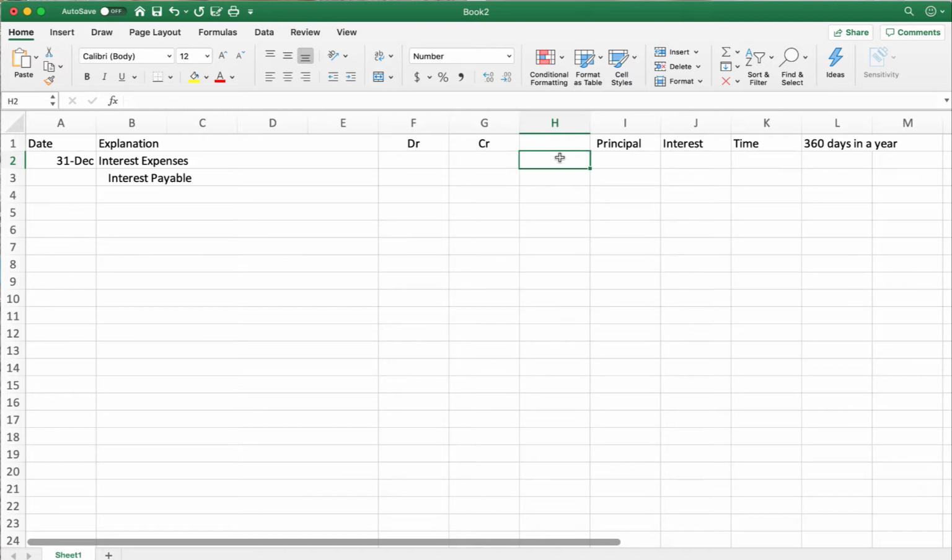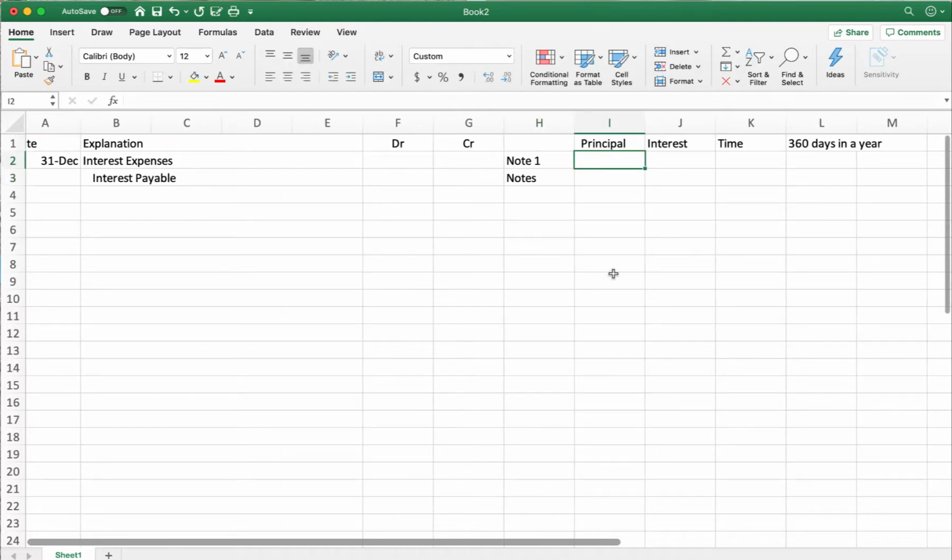We have note 1 and we have note 2. Okay? Note 1 was $35,000. Note 2 was $16,800. Okay?